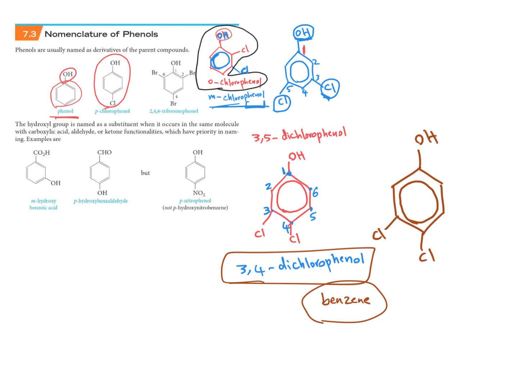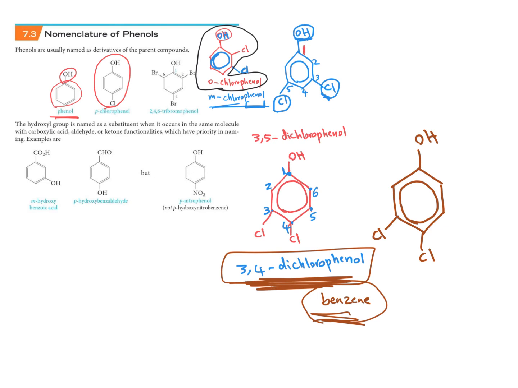Does that make sense? What I'm asking is what is the other name of 3,4 dichlorophenol? I mean writing the name so that it has benzene in its name instead of phenol, because phenol is benzene that has OH attached to it. So how would we name this one? Anyone?